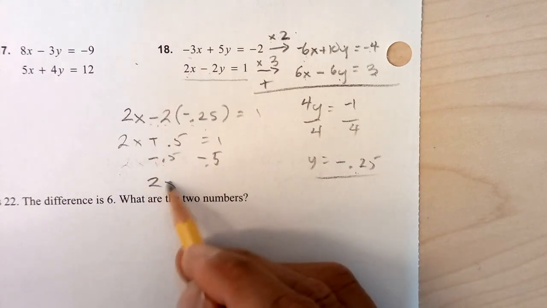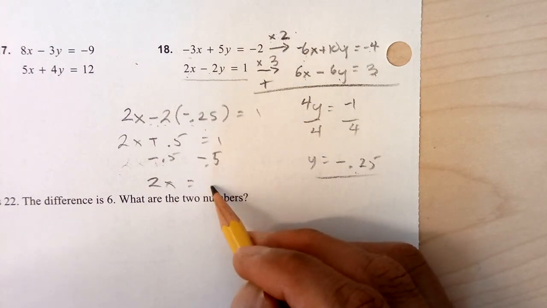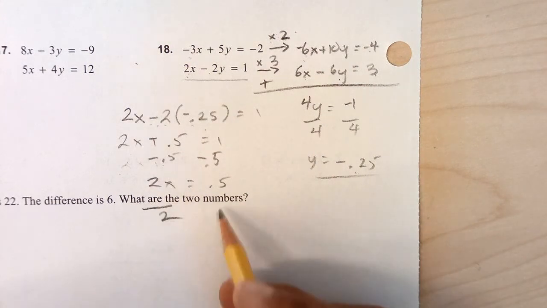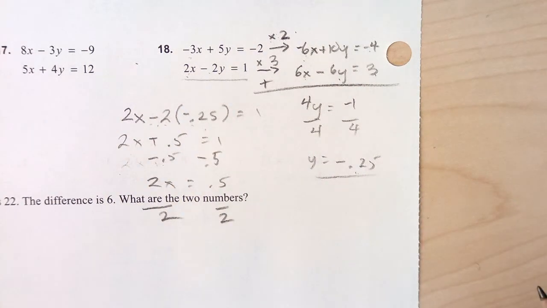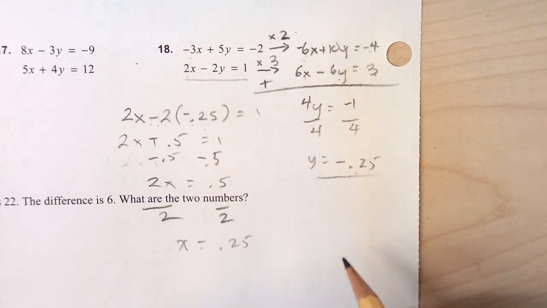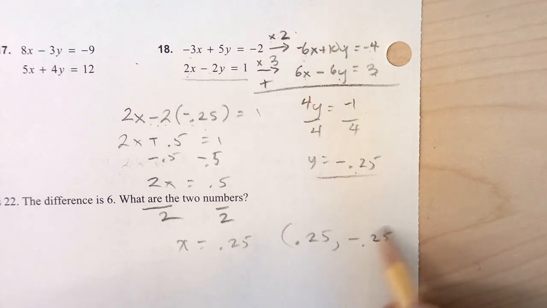So then 2x is equal to 1 minus 1/2, which is 1/2 or 0.5. If I divide each side by 2, 0.5 divided by 2 is 0.25. So then the solution would be 0.25, that's x, and negative 0.25 is y.